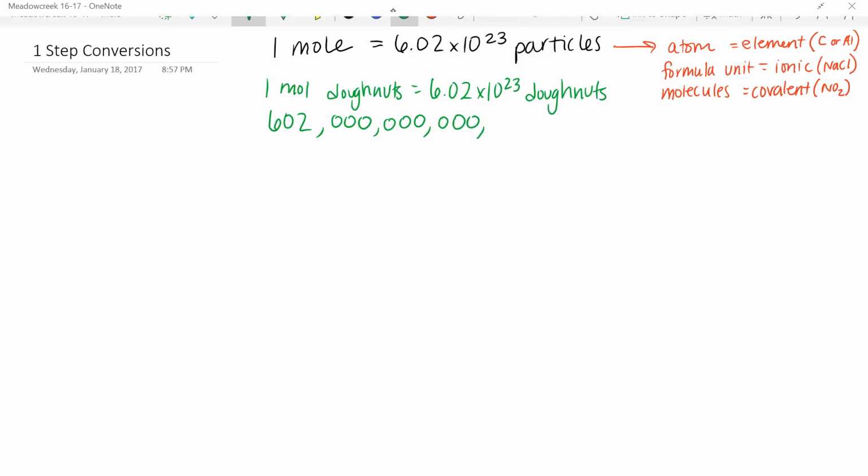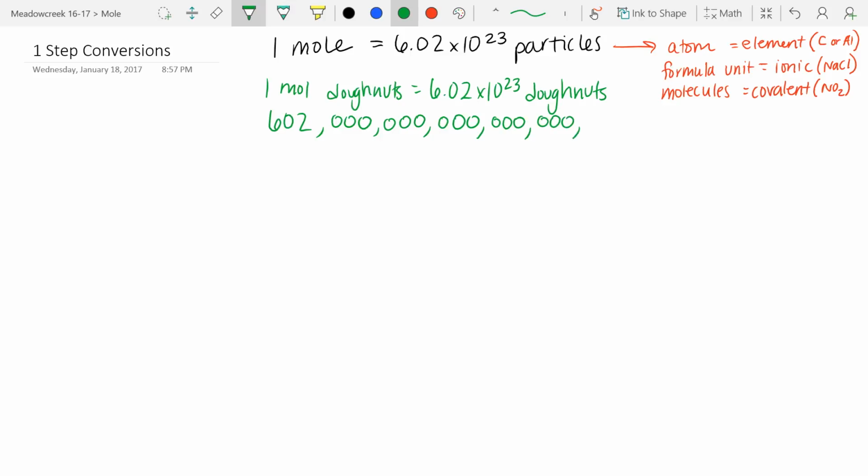So that's 3, 6, 9, 12, 15, 18, 21. That's how many donuts you would have. Okay, that's a huge number. You would be able to cover the entire Earth with donuts 5 miles deep. That's crazy. That's a lot of donuts.